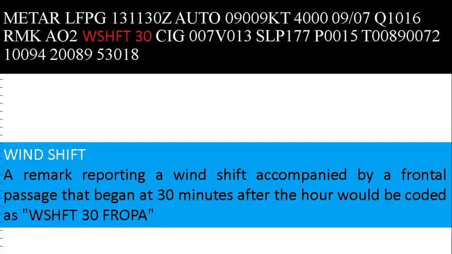The number after the wind shift is the time the wind shift happened. So in this example, the wind shift occurred at 30 past the hour. If the wind shift happened due to a frontal passage, you will also see FROPA, which stands for frontal passage.